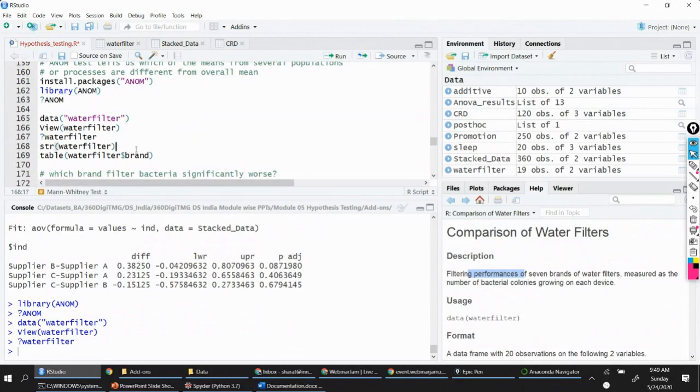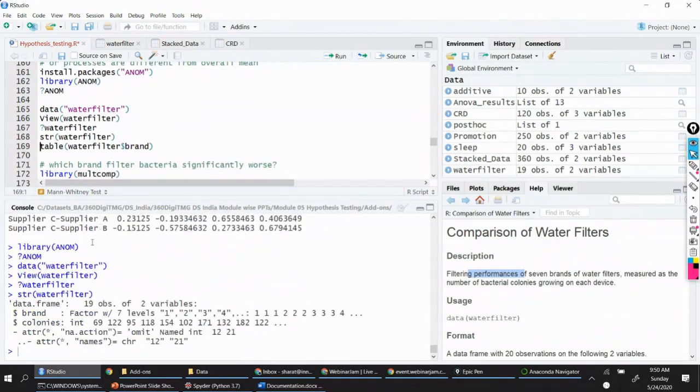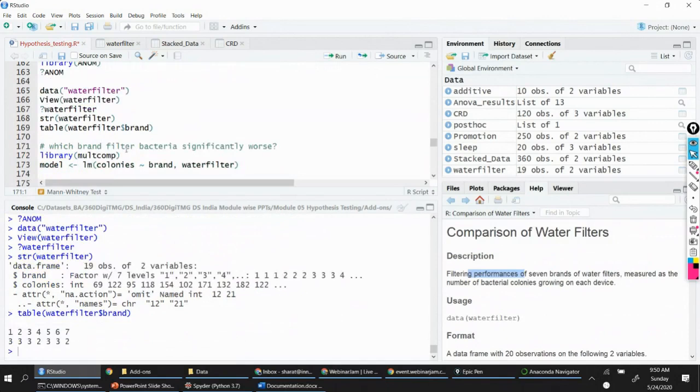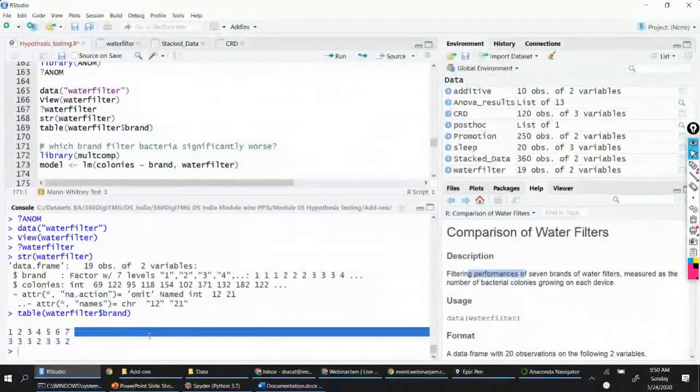If you look at the structure of the water filter data, you see we have brand with 7 levels. As I said, there are 7 different categories, and colonies is an integer. These are the number of colonies of bacteria which are growing. You can also do a table, which will tell us the breakup.